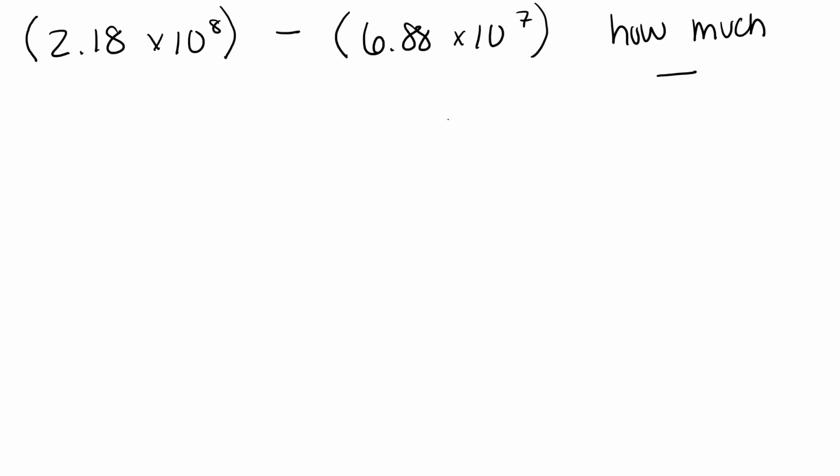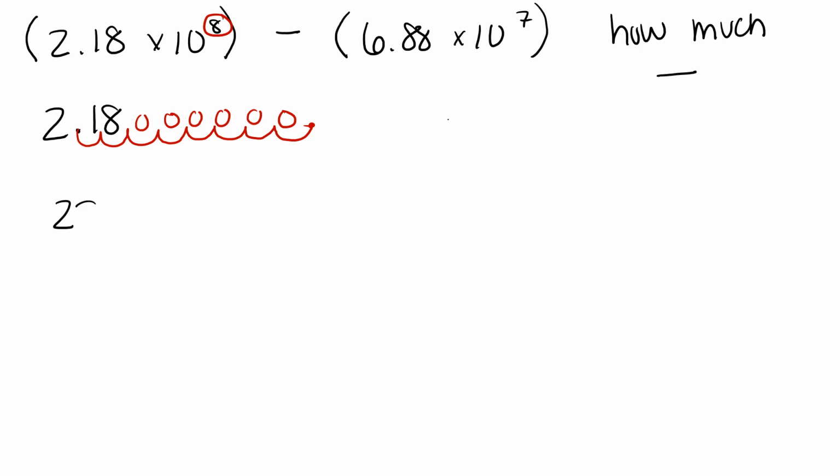When we are adding or subtracting, we're going to start by writing our numbers in standard form, meaning we start by moving the decimal 8 times. 1, 2, 3, 4, 5, 6, 7, 8. Filling in all of those blank spots with zeros, and then writing the answer nice and neat. 218 with 1, 2, 3, 4, 5, 6 zeros.